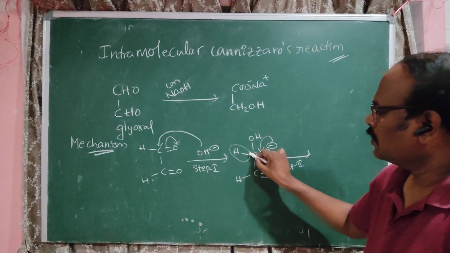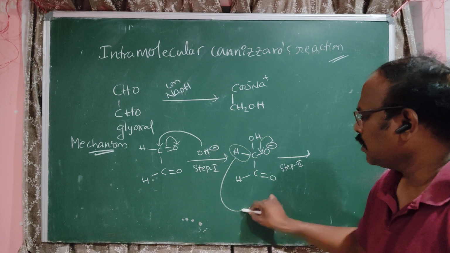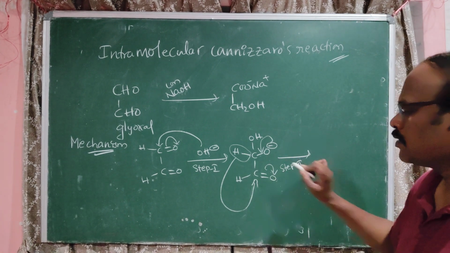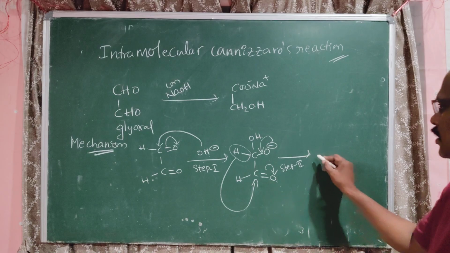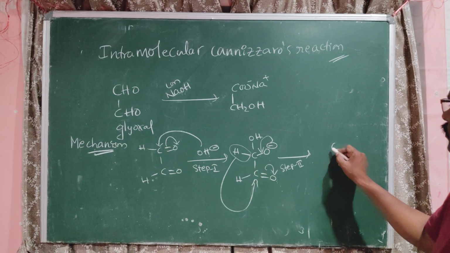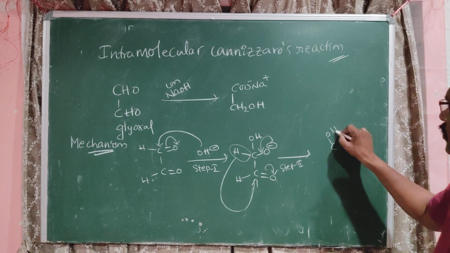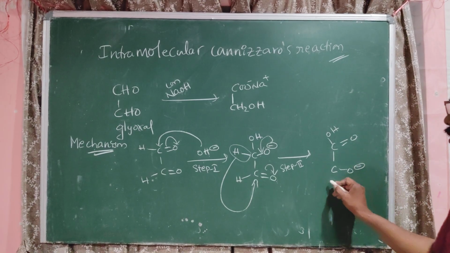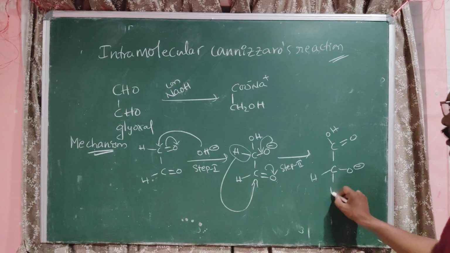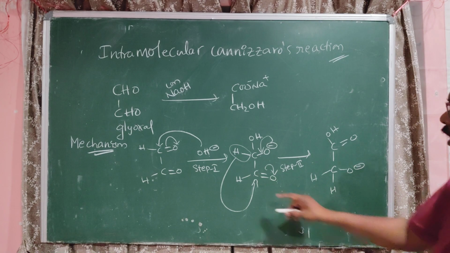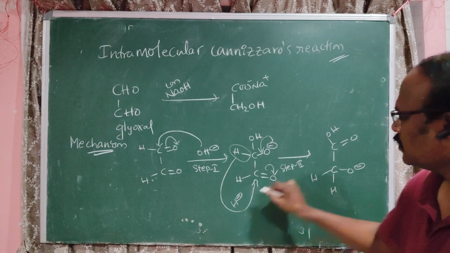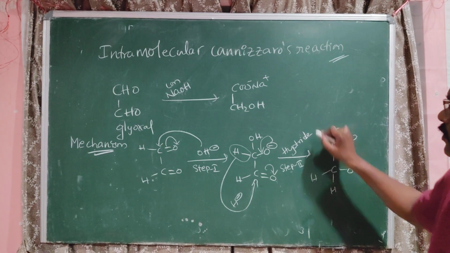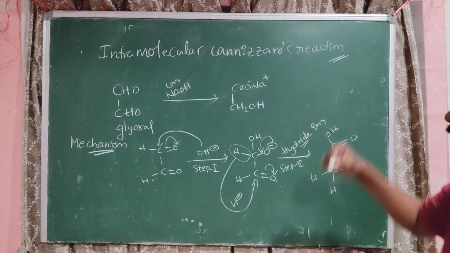This hydrogen is removed as a hydride and transferred to this carbonyl carbon, and these electrons migrate to oxygen, which acquires a negative charge. Here hydride transfer is taking place. The second step is hydride transfer, the H minus ion.